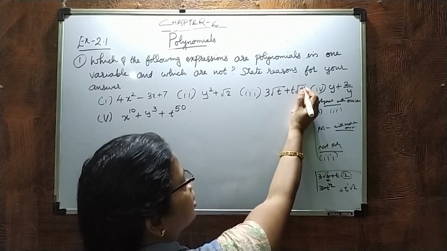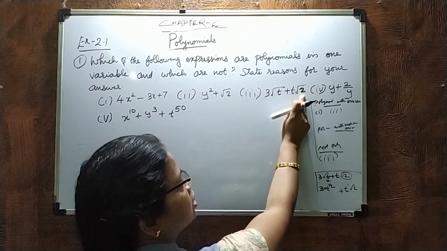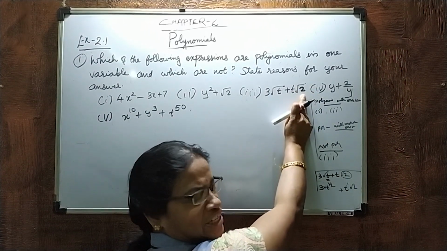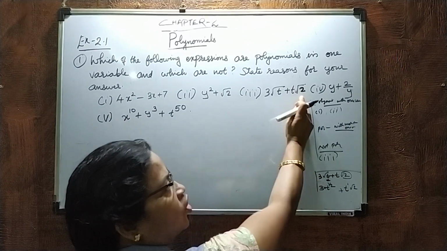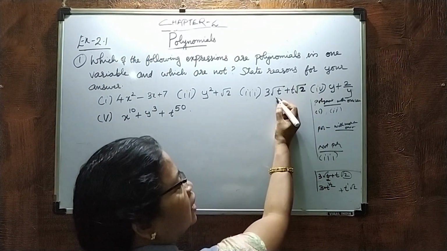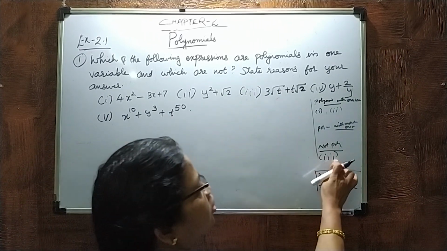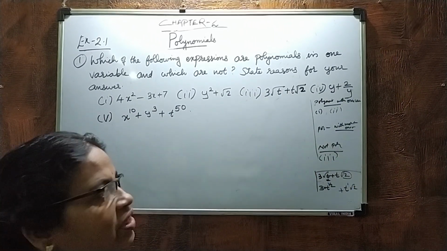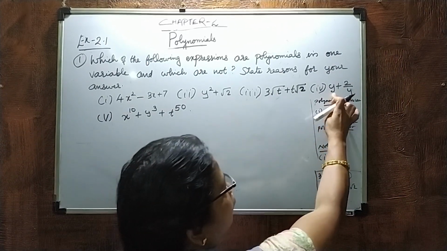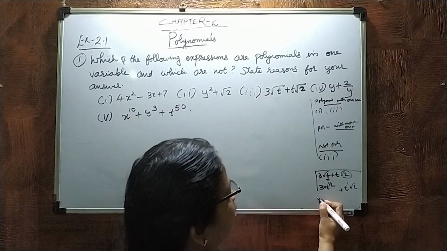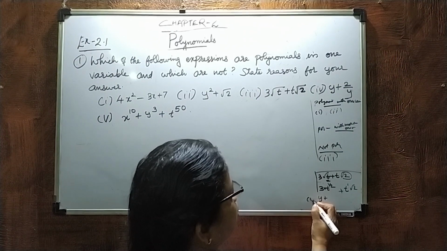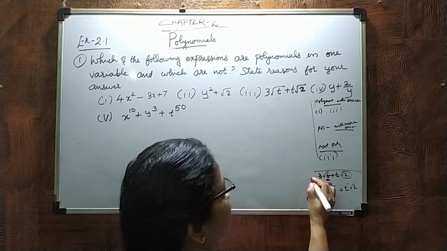Here root 2 is no problem, because it is not a variable, it is a constant number. Only think about the variables' exponents. So the third one is not a polynomial. What is the fourth one then? y plus 2 by y.